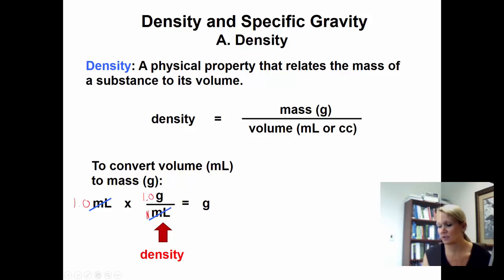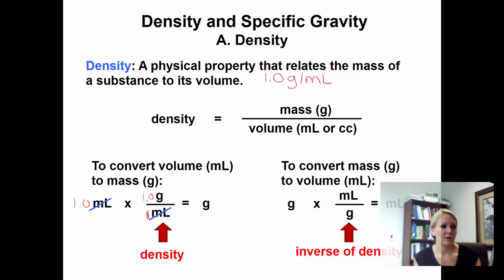Whenever we write out a number such as 1, so the density of water is 1.0 grams per milliliter, we consider that milliliter to be a 1. So if you want to write a 1 there, you can. And so then you could just multiply, units cancel, and get your grams.